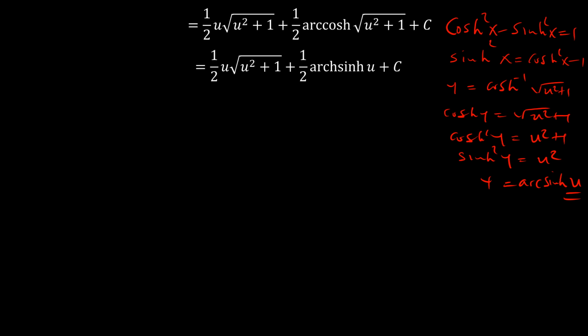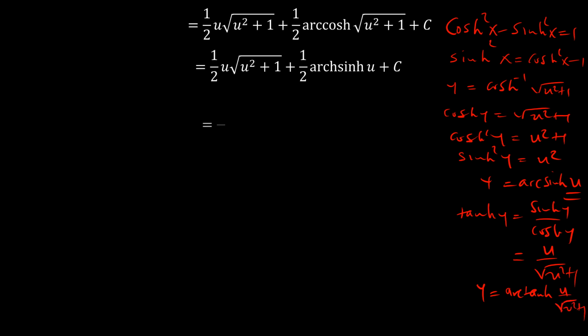But also it's easy to see that since tanh of y is going to be sinh of y over cosh of y, which is equal to, obviously, u over the square root of u squared plus 1, y is also going to be equal to the arctanh, the inverse hyperbolic tangent, of u over the square root of u squared plus 1.